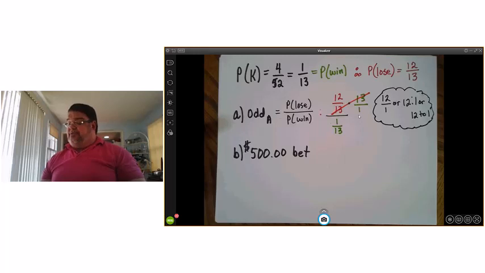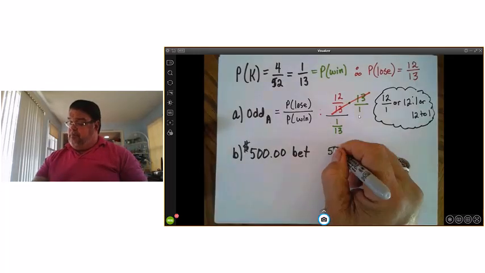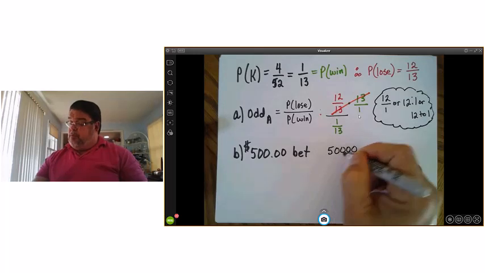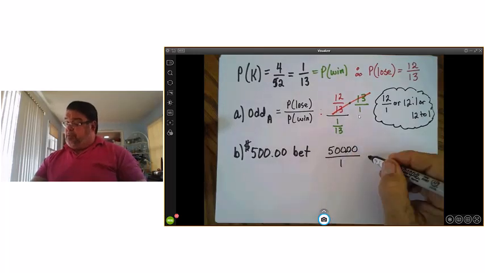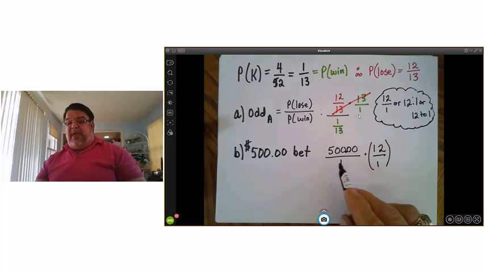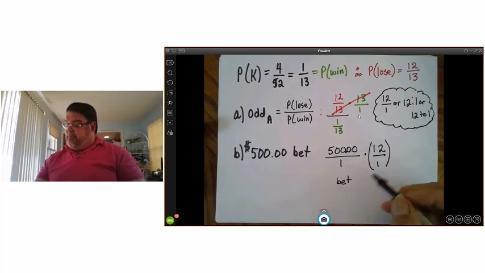So what happens if you make a $500 bet and you get a king? You take 500 over 1 multiplied by 12 over 1. You always multiply your bet times your odds against.